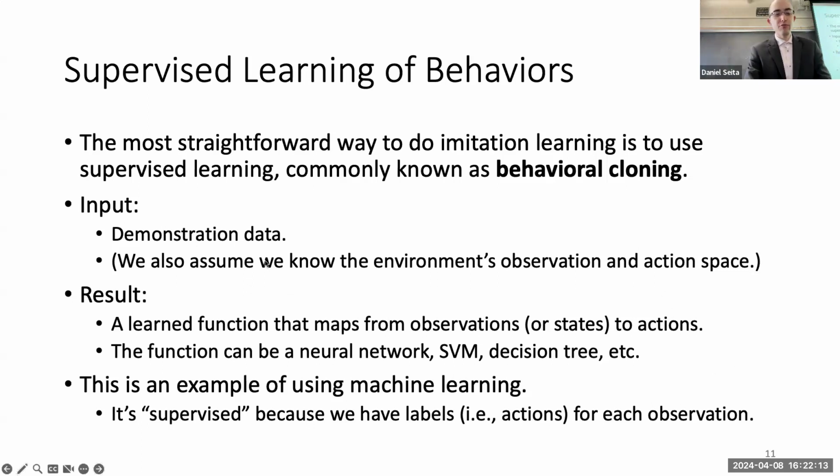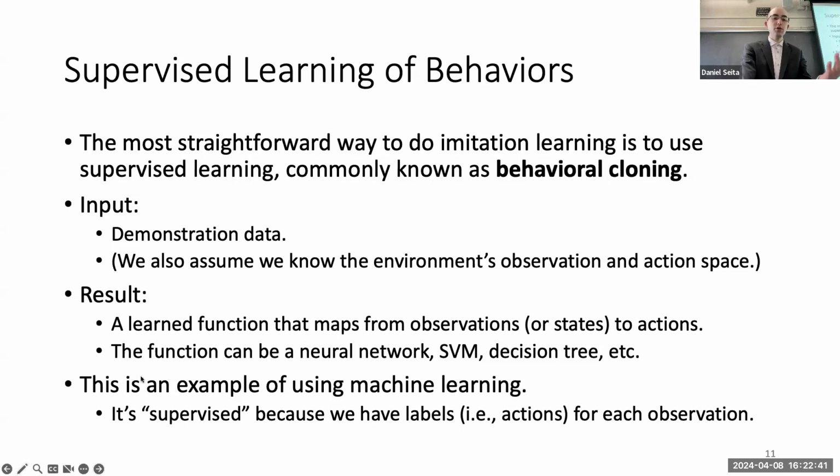The result is a learned function that maps from observation or state to action. The function can be a neural network, support vector machine, decision tree, and so on. The exact choice is not too important. Just imagine that it's some kind of function. The input is the observation, and you directly produce the action at the end.